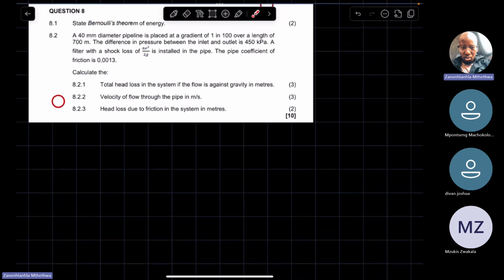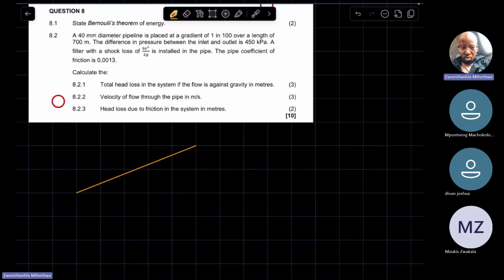And from there, we learned that if you have a pipe and it is at an angle, right? So this pipe essentially would look like something like this. So that would be the pipe.